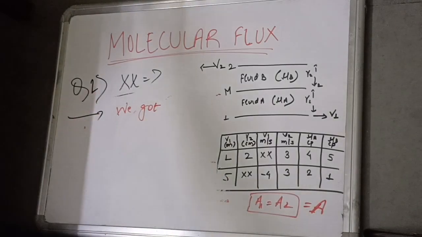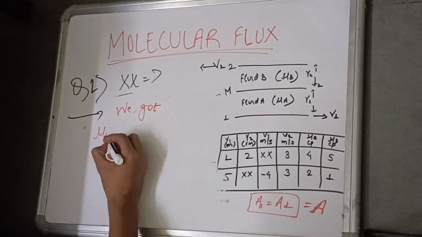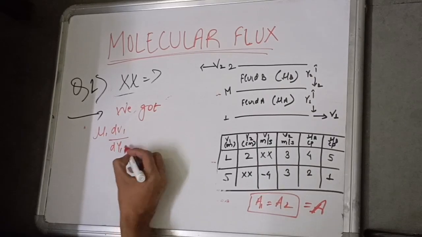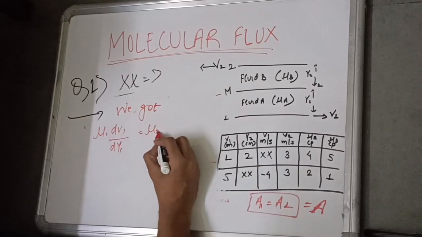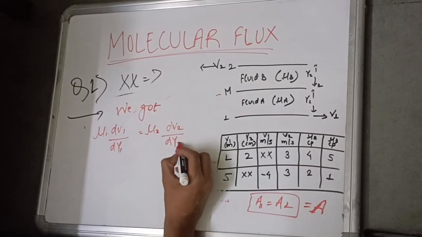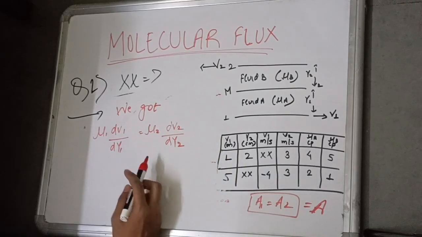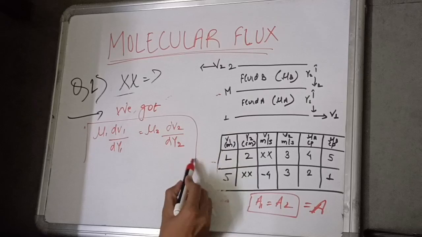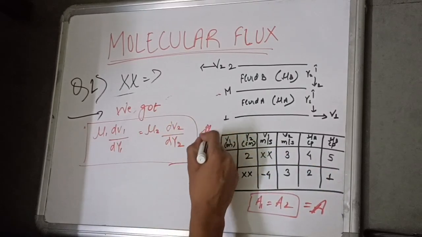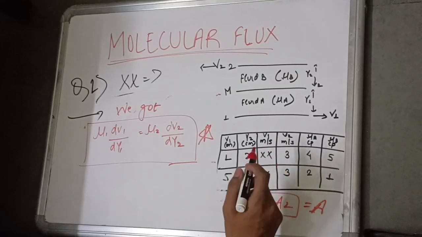Therefore, we get mu1 dV1 by dy1 equals mu2 dV2 by dy2. This is the equation. We just have to put these values in this equation to get the value of the unknown variables.